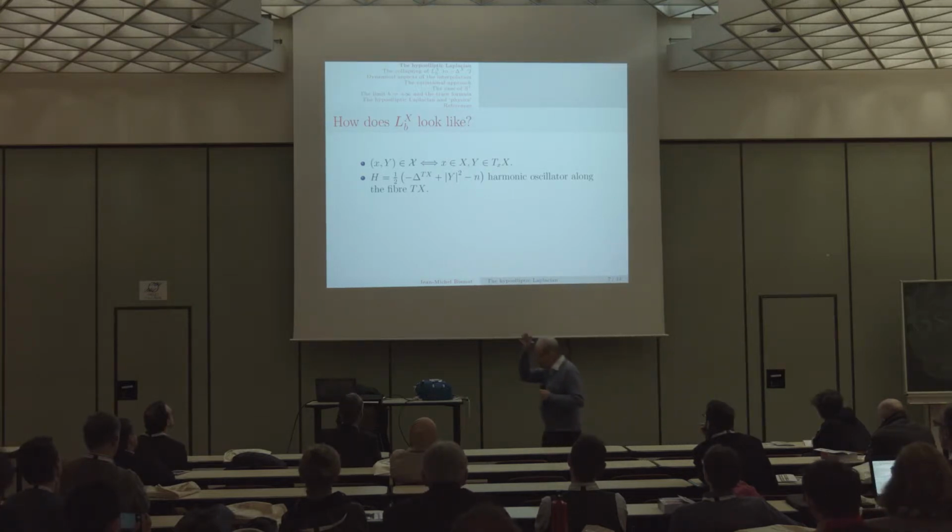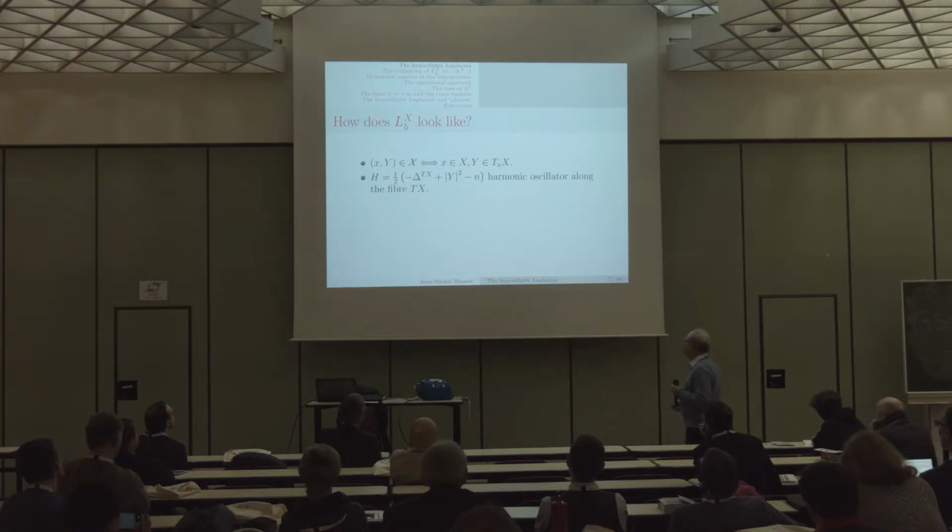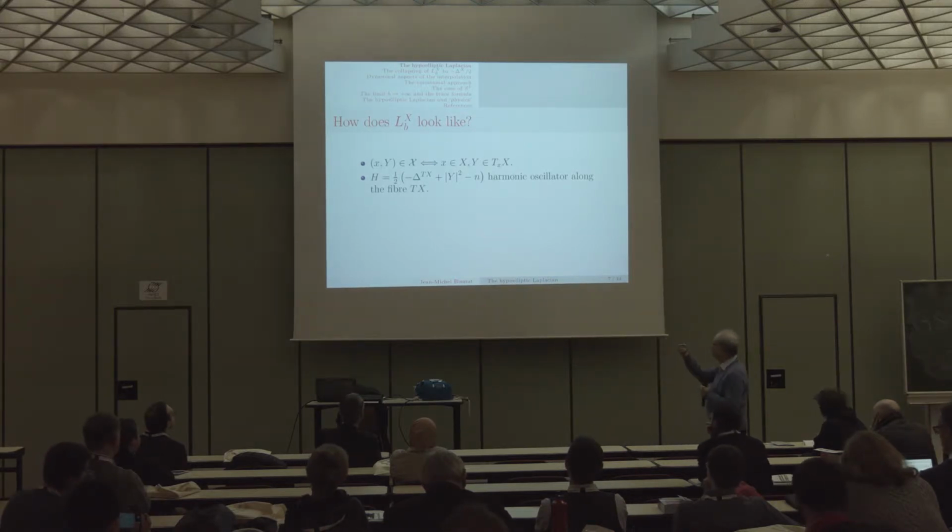That's an operator which just differentiates in the fiber direction. That's an extremely well-known operator in mathematical physics. That's a so-called harmonic oscillator along the fiber. So I wrote here in one form, so minus Delta^{TX} is just a Laplacian in the vertical direction. Norm of y squared is just a Riemannian norm of the generic point y in the fiber, and n is a dimension.